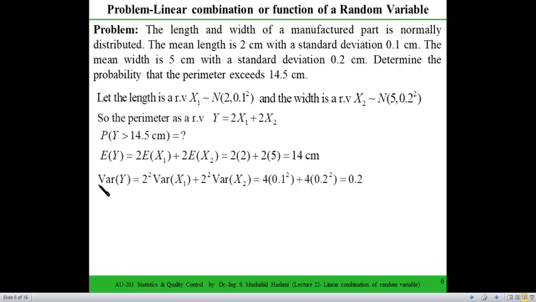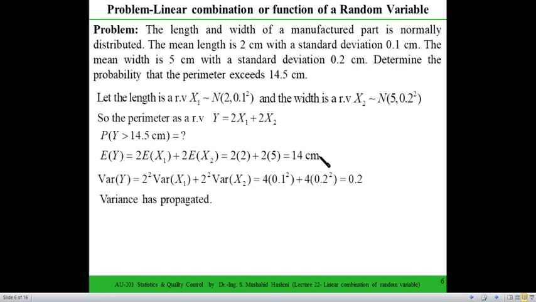And the variance of the perimeter would be a1 square, where a is here 2, square times the variance of x, and in this problem the variance of x is 0.1 square. So you get the variance of this linear combination of random variables, and this would be the mean of that random variable.